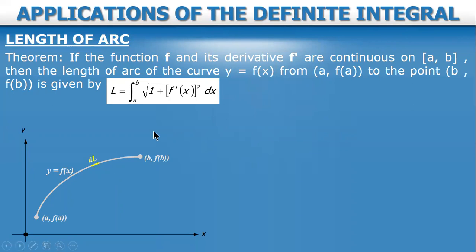If we zoom in, this is the result. Even if it is curved, since it's very small, we can assume it's a straight line. In this blow-up of dl, we can construct a right triangle, with the horizontal component denoted as dx and the vertical component denoted as dy.